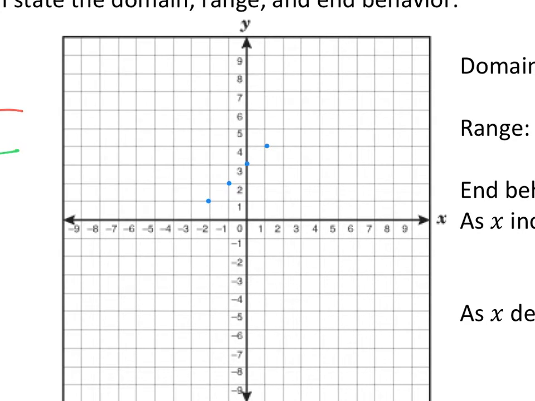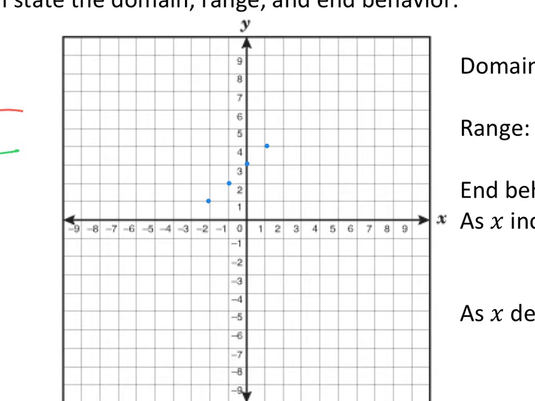This is a straight line. So I'm going to draw in a straight line from this value all the way down to the left. And I'm going to draw an arrow down here, but not here, because remember, we're concerned with just the x values less than or equal to 1.